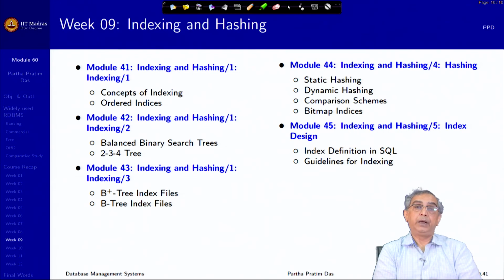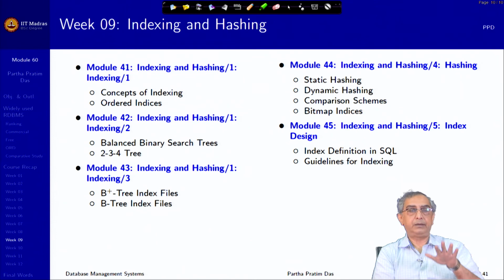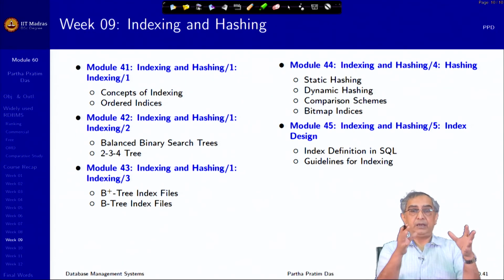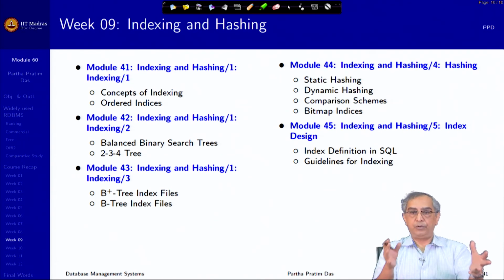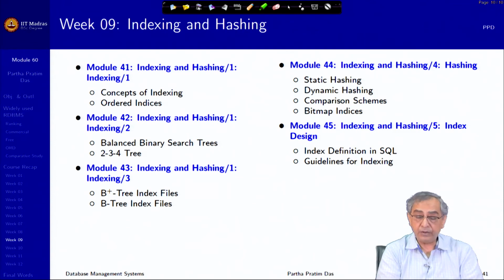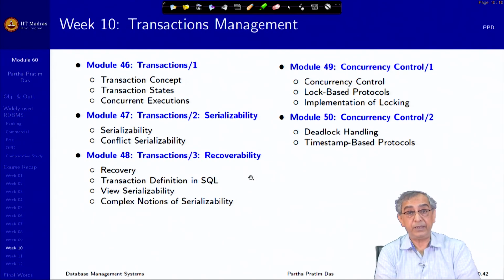We covered the basics of static and dynamic hashing, compared the schemes, and talked about bitmap indices. We also looked at how in SQL you can create indexes and give the instruction that this is where I need a bitmap index, this is what I need a composite index, and how to create a composite index, and so on. So, this will be very required for your query formulation and optimization.